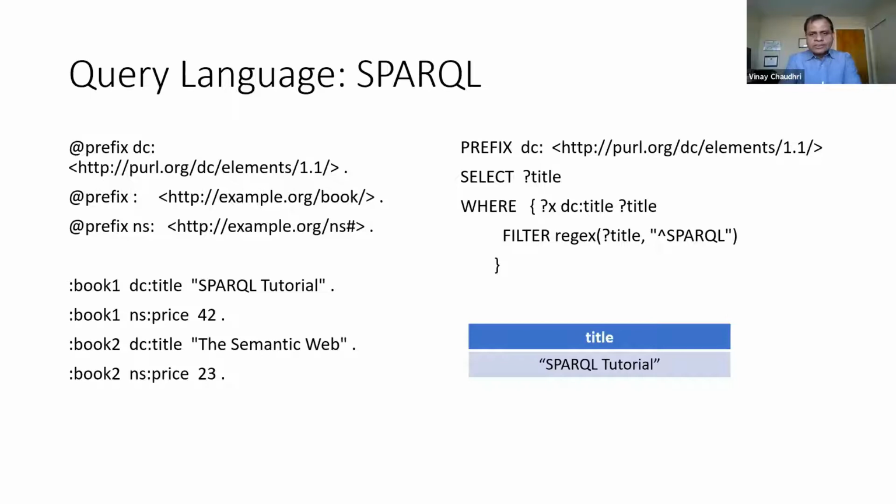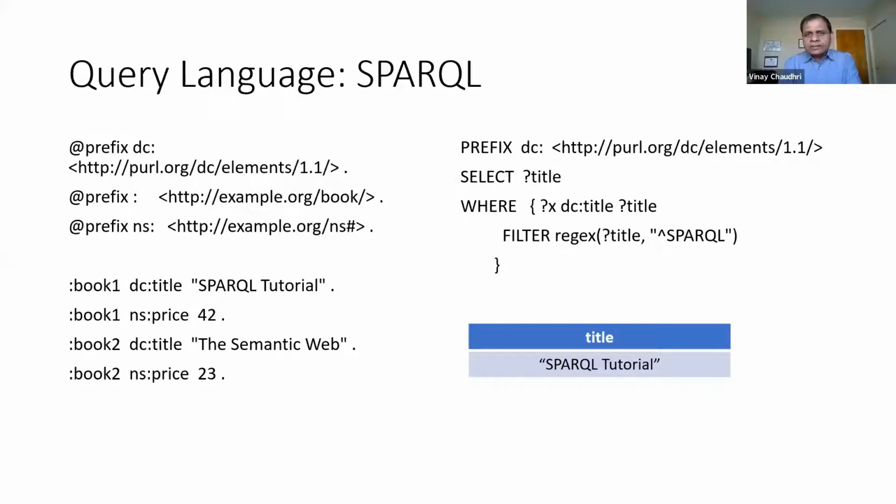Now, I will illustrate some examples of how we can filter the query results using SPARQL. On the left of the screen, I'm showing a very simple data set in which we have two books. The title of the first book is SPARQL Tutorial, and its price is 42. The second book's title is Semantic Web, and the price is 23. Let's say we want to query for all the books which have SPARQL in their title, that is, the title begins with SPARQL.